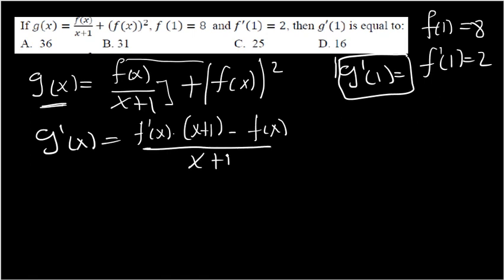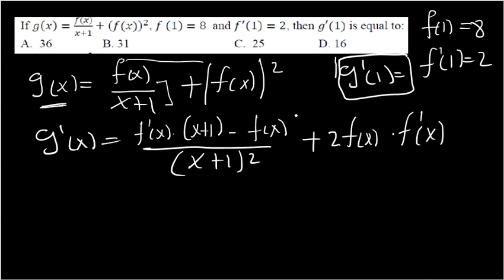What is left? x plus 1, the whole square, plus, now the square of the function: the derivative will be 2 coming here, and f of x times f derivative of x by the chain rule. First, we derive the exponent, 2 comes here as the coefficient, the exponent decreases and f of x remains, then times the inner derivative.